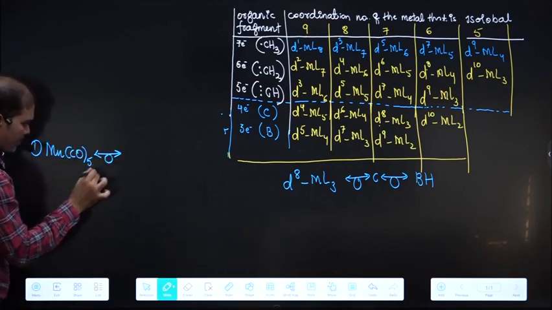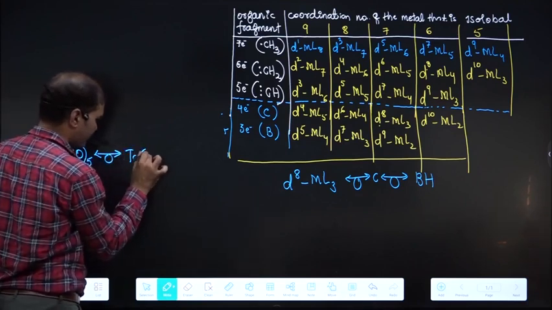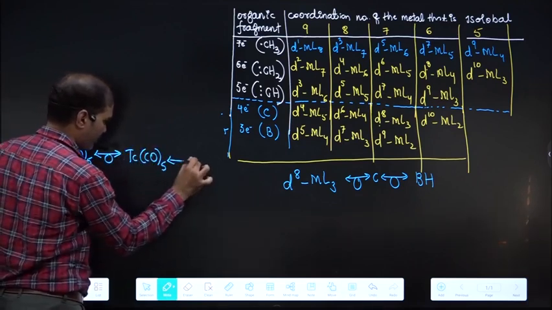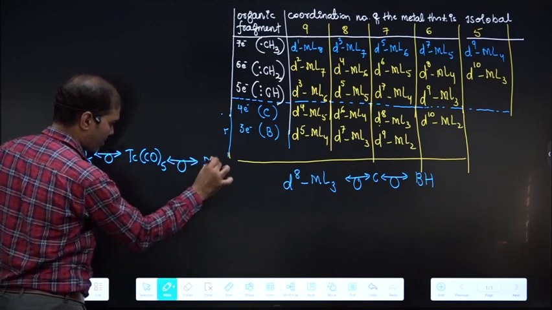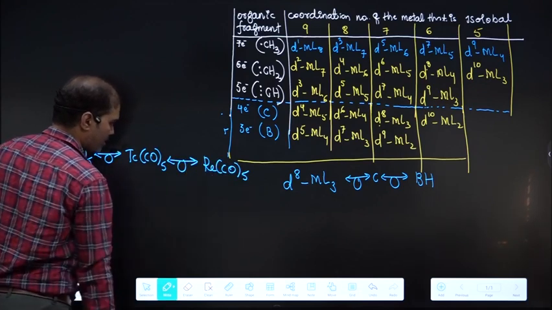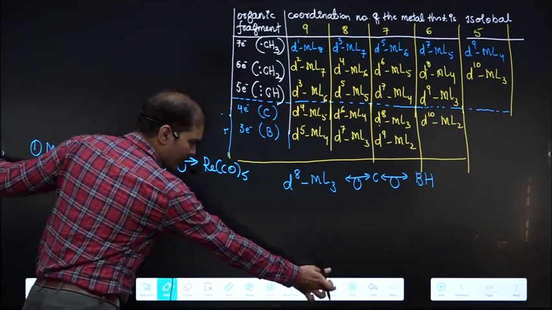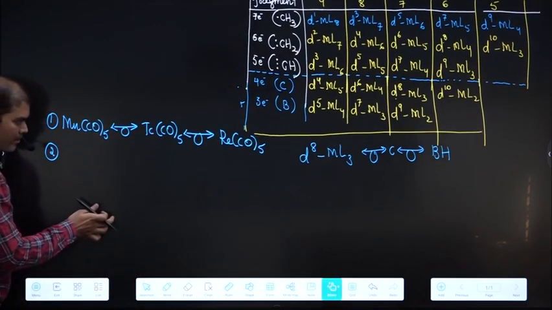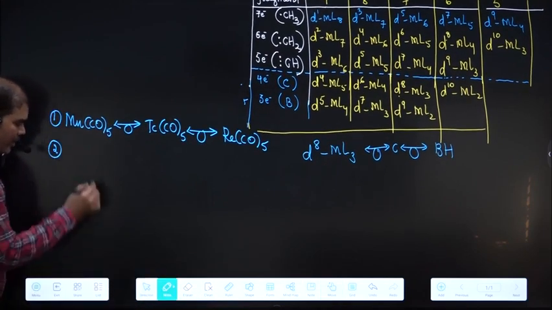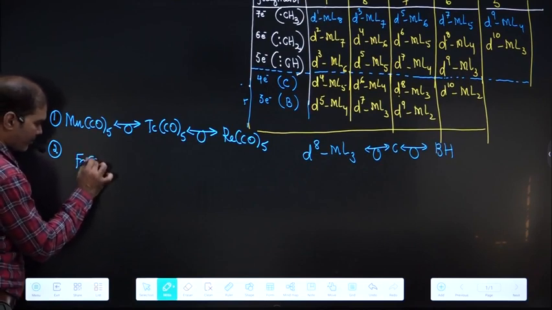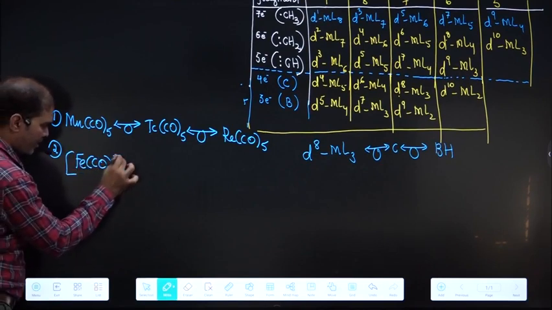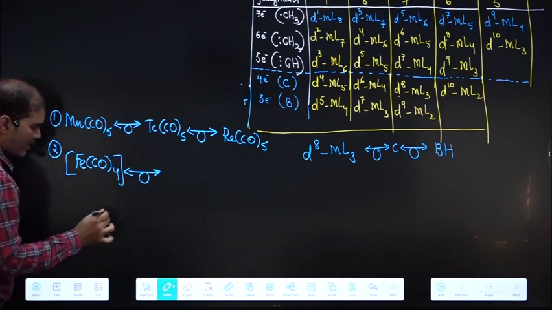First one, group members with identical electron system can be considered as isolobal.